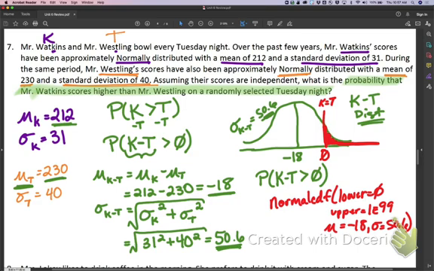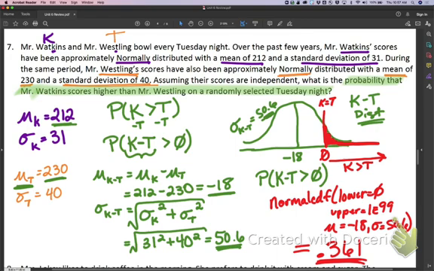This is going to be the probability that Mr. Watkins scores higher than Mr. Wessling. All of this side of the distribution is when Mr. Watkins is scoring higher than Mr. Wessling. The probability is 0.361. So see, it's not completely out of the norm for this to happen. This happens 36% of the time.